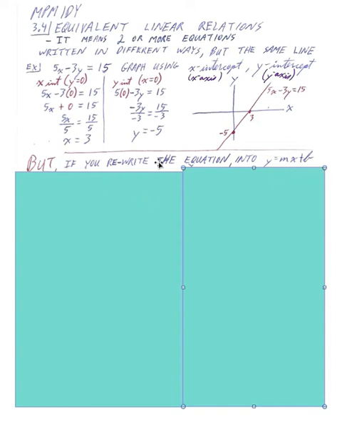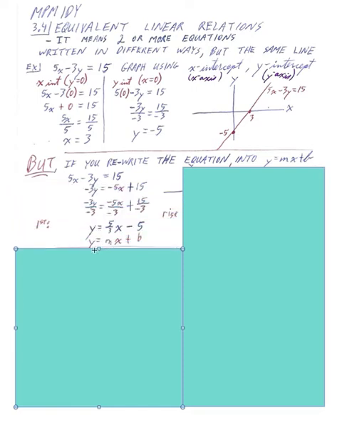So if we were to take this equation, 5x minus 3y equals 15, and rewrite it, it would start to look like this. Okay, so there's the original equation.